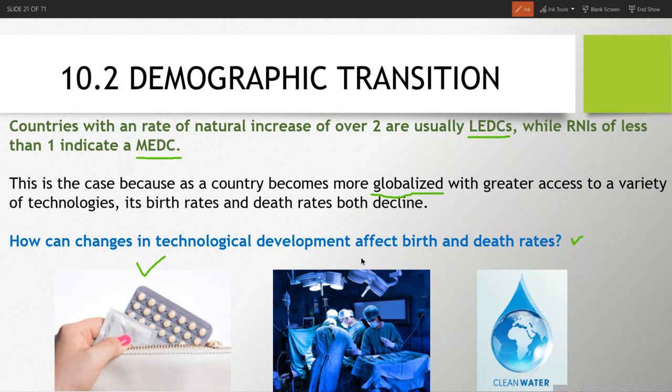In the middle we have medical procedures or technologies, medical understanding, scientific discovery even. And over here we've got clean water, which might represent sanitation as well. These are 3 hints, more or less, of some of the key points we'll see going through this outcome.